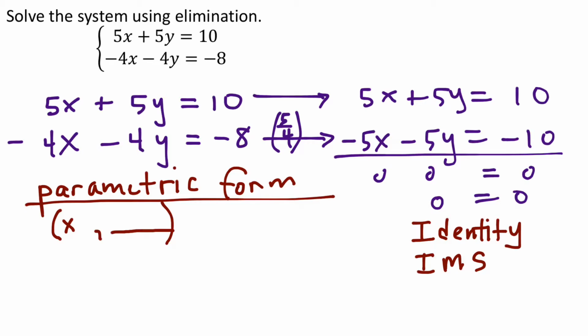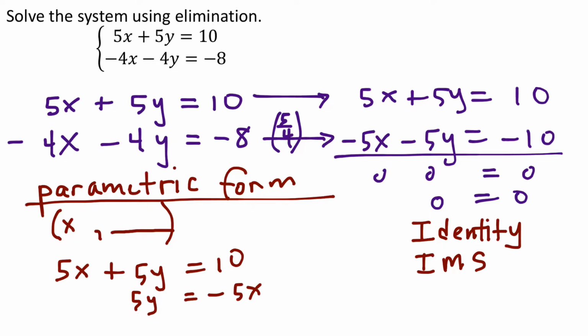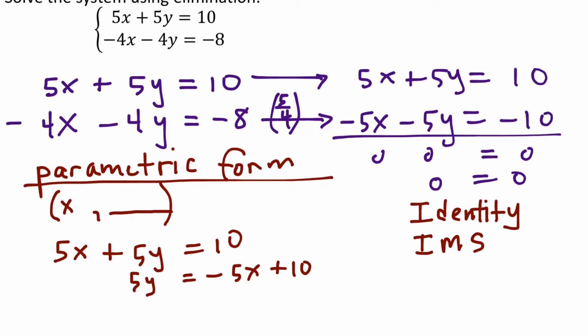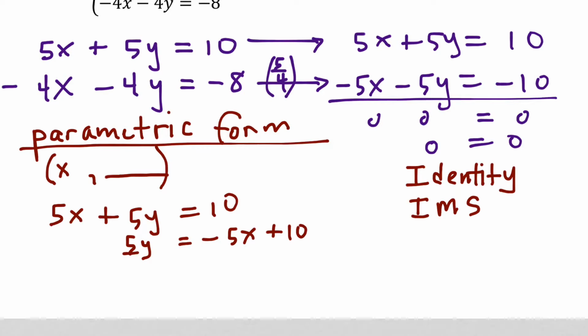Either of the equations will give it to you. Let's look at the first equation that says 5x plus 5y is equal to 10. I'm going to solve that for y in terms of x. 5y is equal to negative 5x plus 10. Dividing everything by 5, I have y is equal to negative x plus 2.